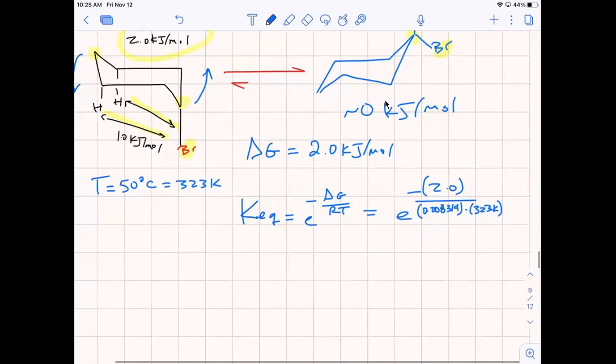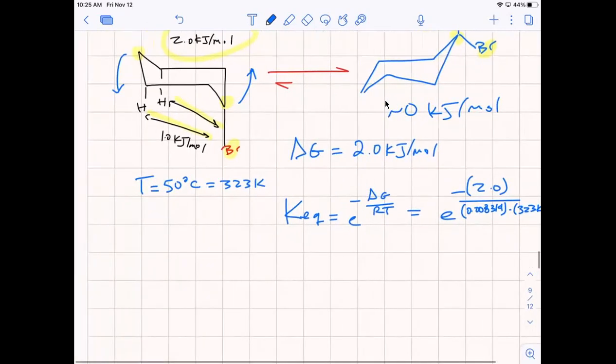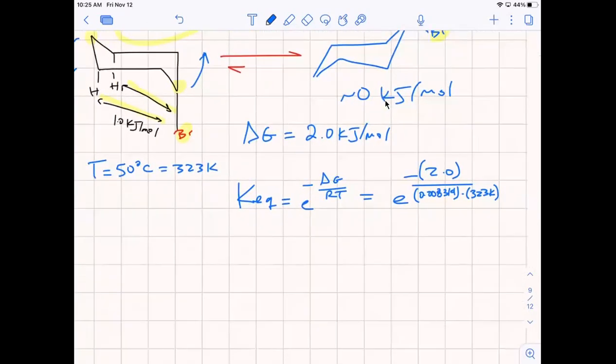All right. Somebody put that in your fancy calculator and see what you get. I got negative 0.745. Okay.